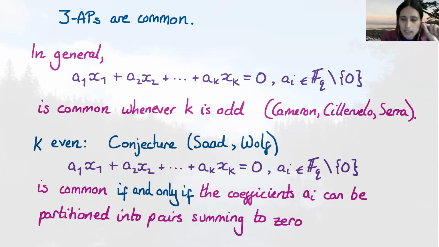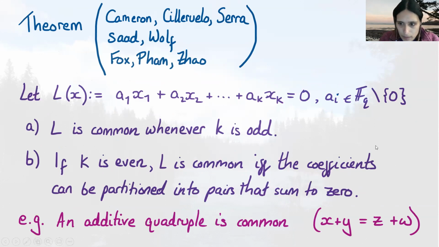So actually, single equation systems are now very, very well understood. Let me summarize what we understand about single equation systems. I've written a theorem of these 3 sets of authors, because they all proved a different part of this theorem. If you put their work all together, you get a full characterization of single systems.